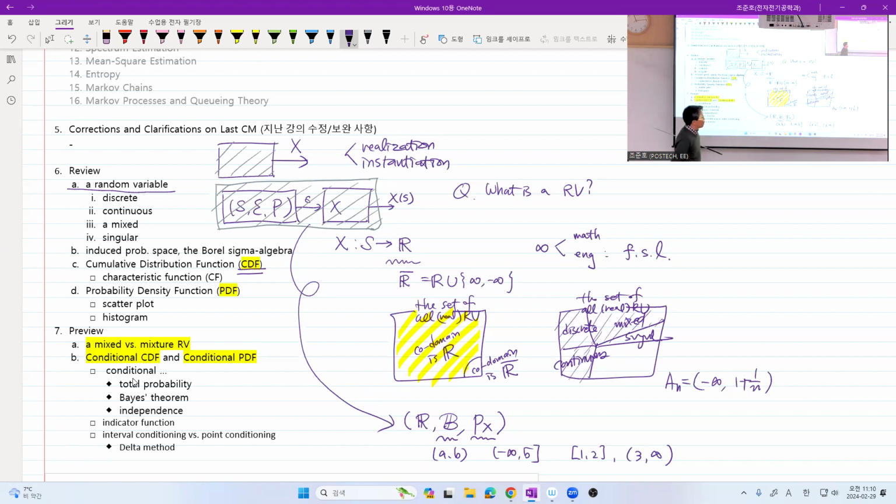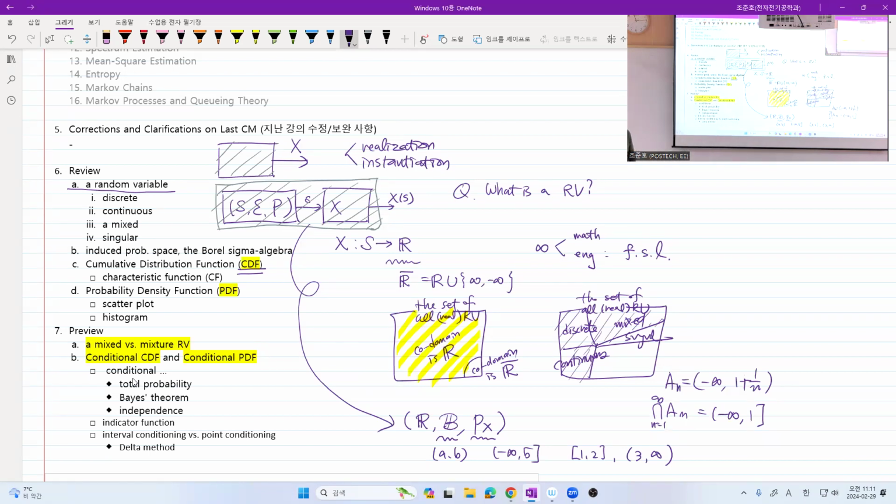And then consider the countable intersection of these open intervals. What is that? If I remember correctly, it is this one, right? So even though you just constructed this Borel sigma algebra from open sets, actually this Borel sigma algebra includes closed or semi-closed sets like that. So no problem, got it?